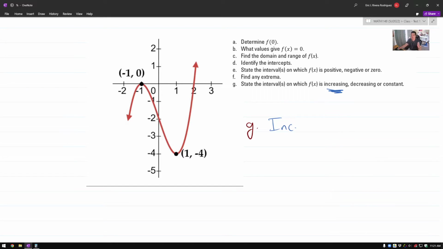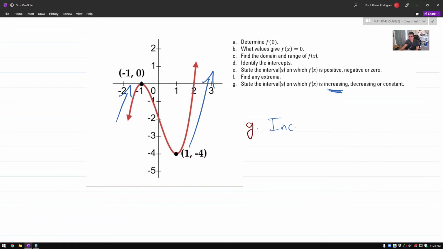From left to right, anything that goes up is increasing. This one also goes up from left to right, so that is increasing. So we have two regions that are increasing, this region here and this one here.